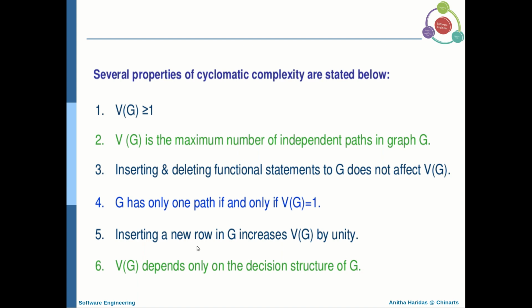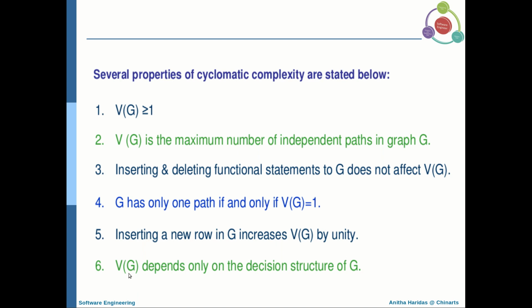Then inserting a new row in G increases the measure by unity. That means if you insert a new row in your graph, then automatically it will increase the metric value by 1.